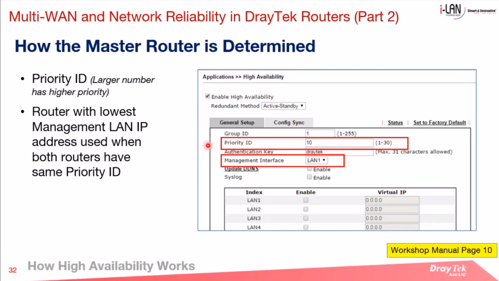Where all routers have the same priority ID, the router with the lowest management WAN IP address will become the primary router. So by default, if you set all the routers in the high availability group to priority ID 10, it will be determined by its IP address. I'll show that later on.